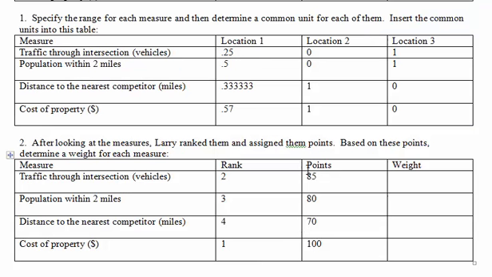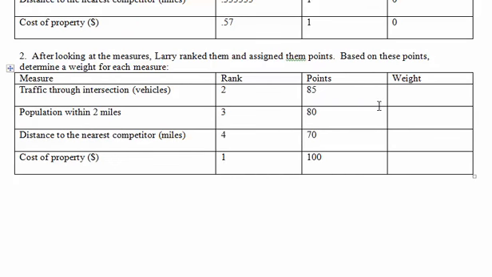Okay, so now that that's done, you have to go through and figure out the weight. Now, this isn't you buying a convenience store. This is Cousin Larry. Cousin Larry thinks that the cost of the property is much more important than the distance to the nearest competitor. But if you take a look at the points, they're all pretty important to him. He doesn't have any zeros.